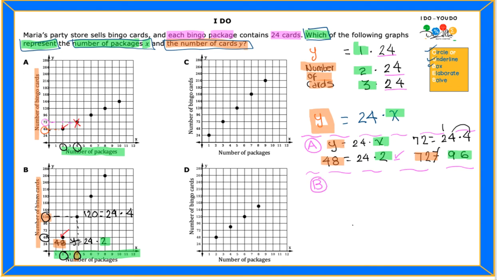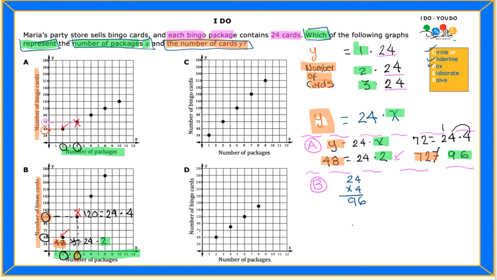I'm going to multiply these values for the second point. So I'm going to multiply 24 times 4. I know it's 96. And here the graph reads 120, but we know it's 96. So this point right here is just not working. See that, guys? Okay, great.